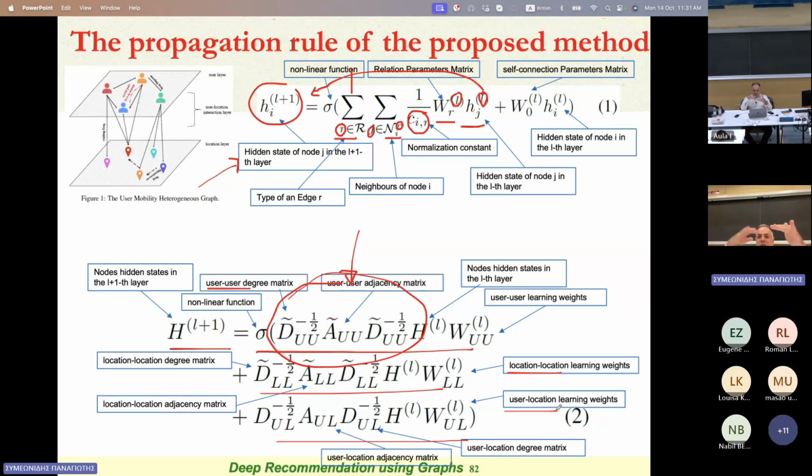Here we have 3 different terms, and every term brings information for the target node from a different subgraph. The first is the user-user subgraph. The second term is about location, and the third term is about user-location.